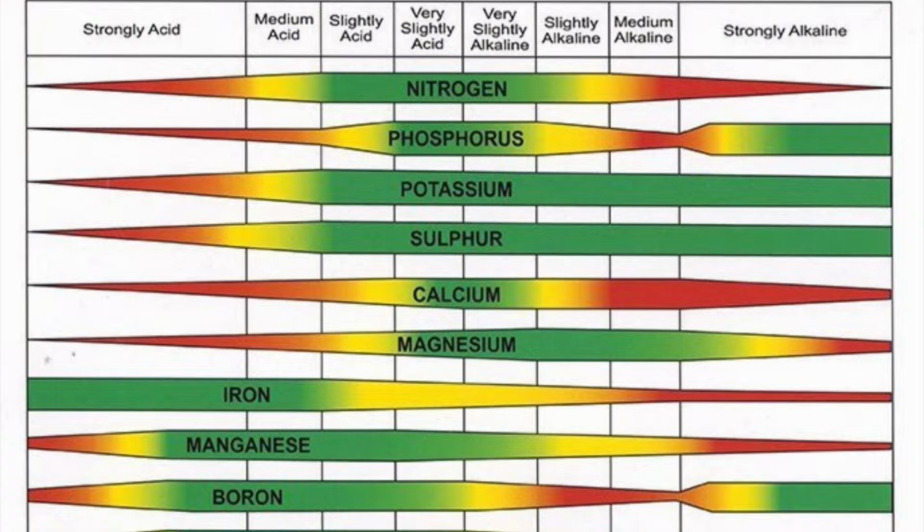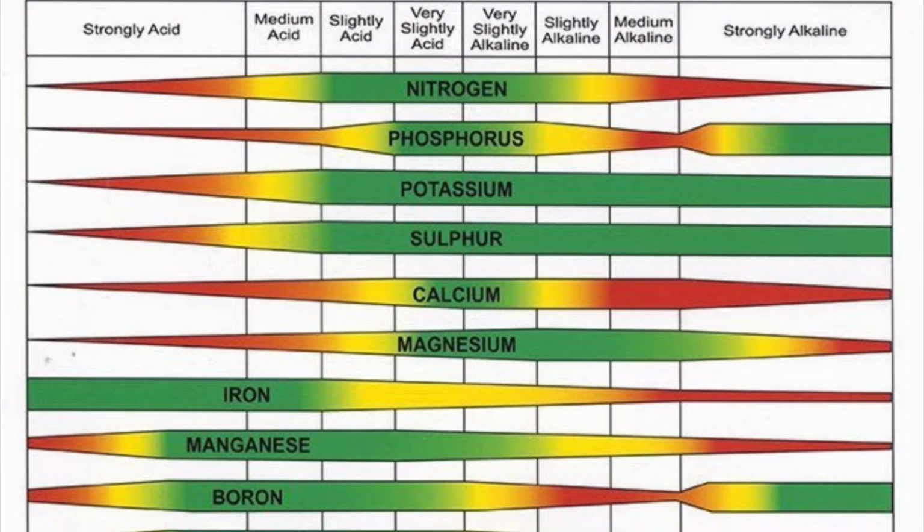If I were to label this, I would say strongly acidic is anything below 4. Your medium acid is like 5. Your slightly acidic is 5.5, maybe to 5.9. And then your very slightly acidic is your 6.2 to 6.8 area.